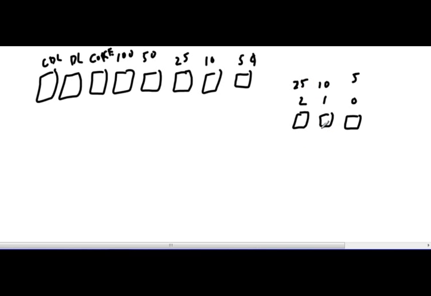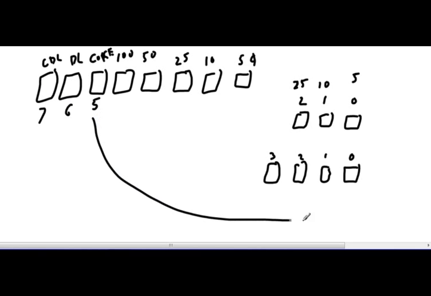But when I give the product, I'm also going to use bits 0, 1, 2, and so on, 3, 4, 5. So I have bits 5, 6, and 7 that I'm using to store what product you ordered. Well, I'm going to use a shift register to shift that 5 times until it's in position 0, and now the Coke is given out.